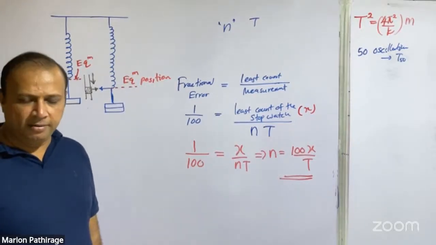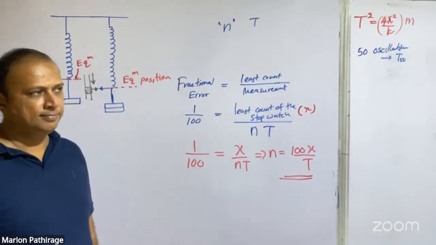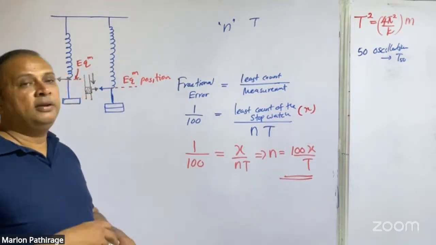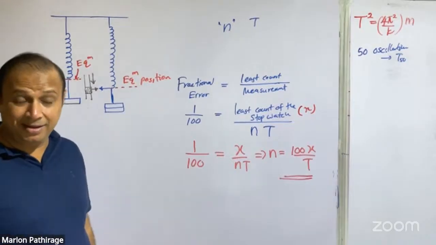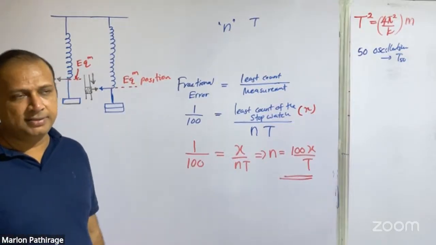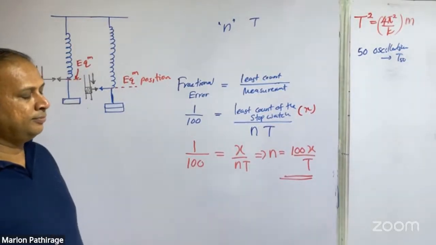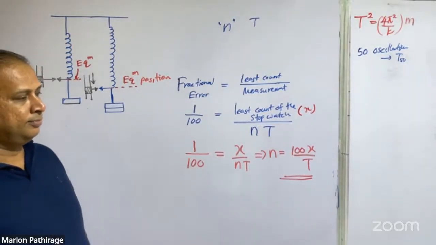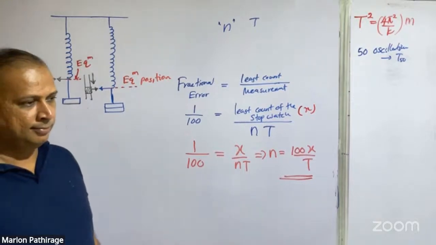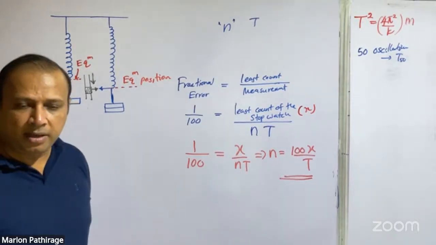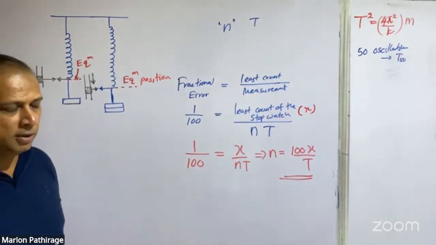We can repeat the experiment by adding 50-gram weights to the mass order.